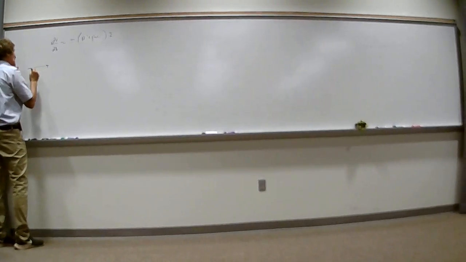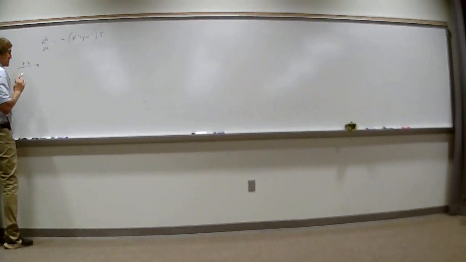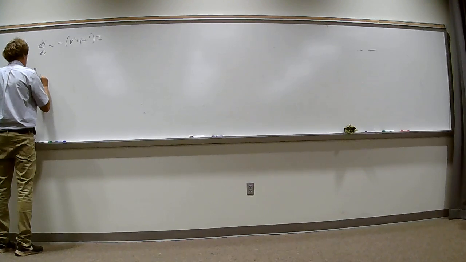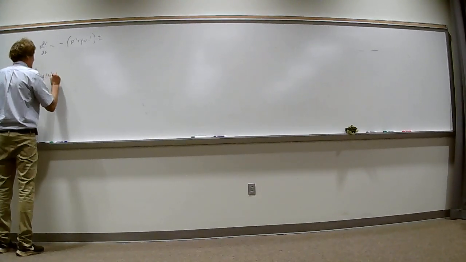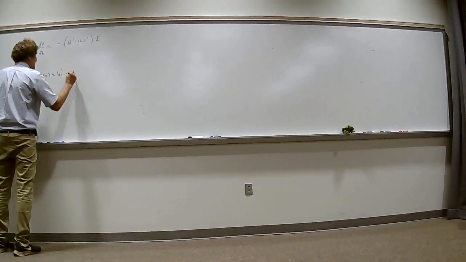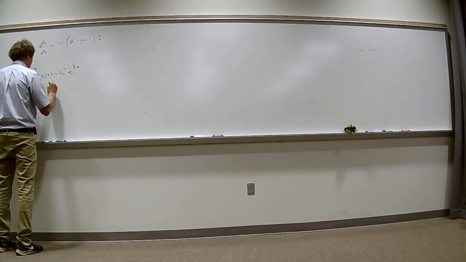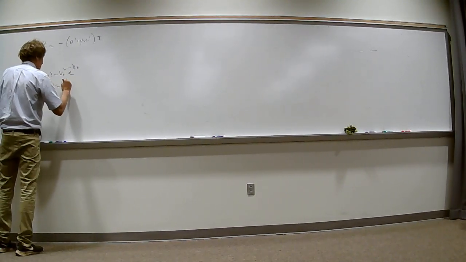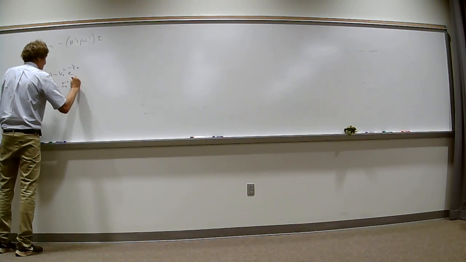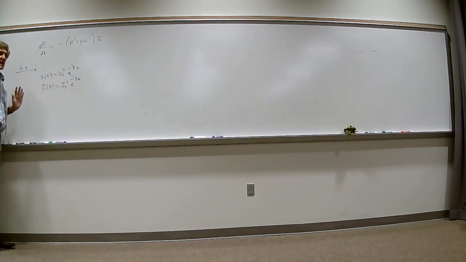So if I take a look at just a wave moving in the plus z direction, I know my V of z will be equal to some V0+ e to the minus gamma z, and my I of z is going to be I0+ e to the minus gamma z. Those are the two components for the positive portion of each wave, all right?